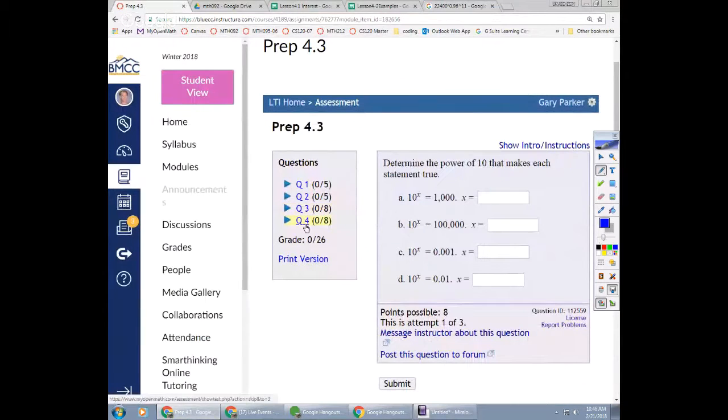How about this one right here? I'm going to copy this. Now we can just do it right here. So what we want to do is identify what power we should have here so that we end up with the number on the other side. So what power would we raise 10 to get 1,000?